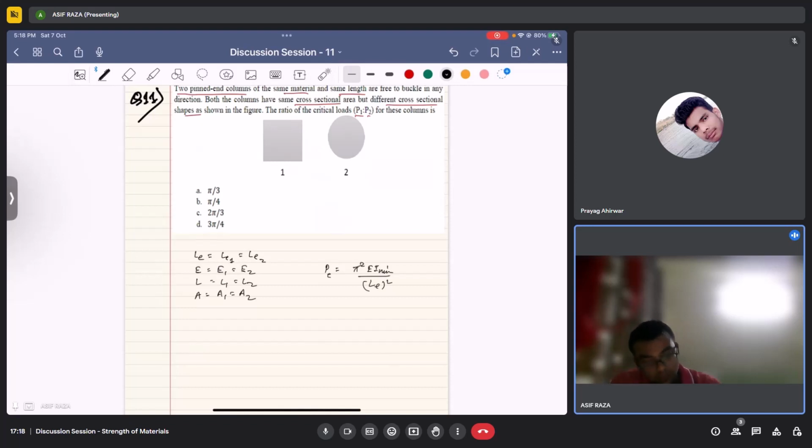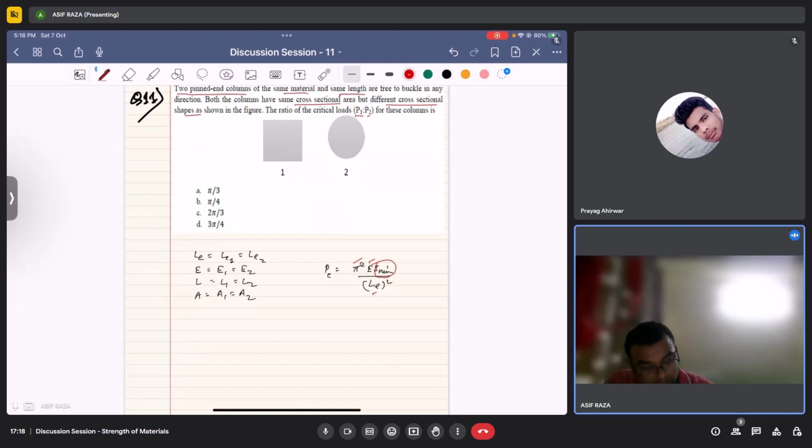So in this case, pi would be same for all, E would be same for all, LE would be same for all. Only thing different would be I minimum. Now this can be further simplified.